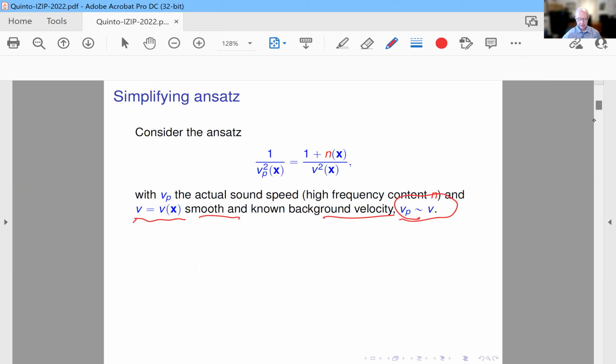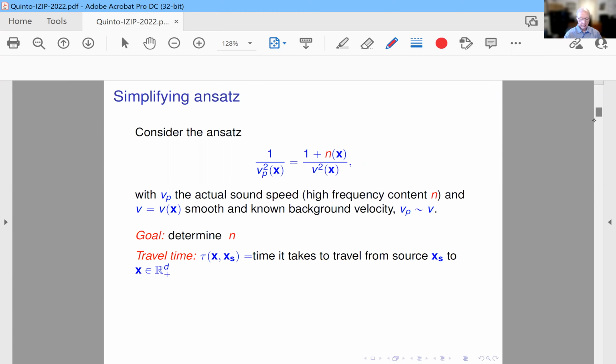And n is sort of the high frequency content. So we assume that they're close, and the perturbation is just this function n. And our goal is to determine that, because that'll give us information about the objects.